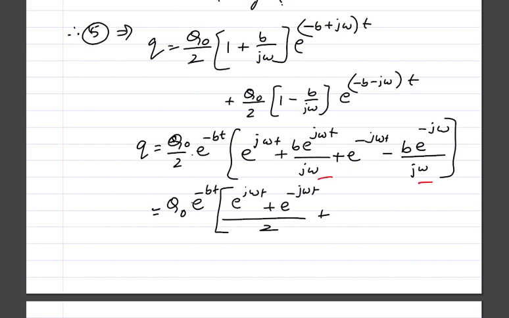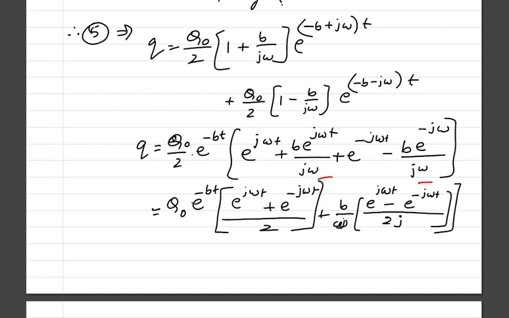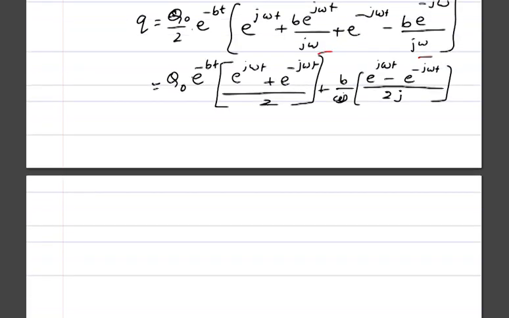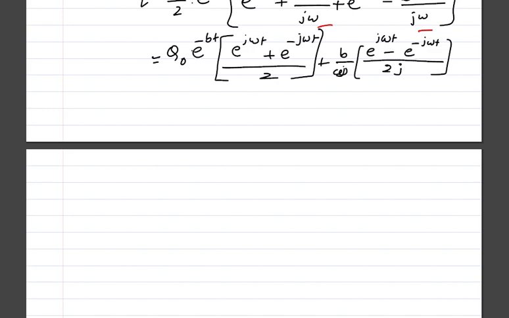So b by j I keep outside, and inside, it's the complex number that should be inside, e to the power j omega t minus e to the power minus j omega t, which are nothing but cosine and sine terms.